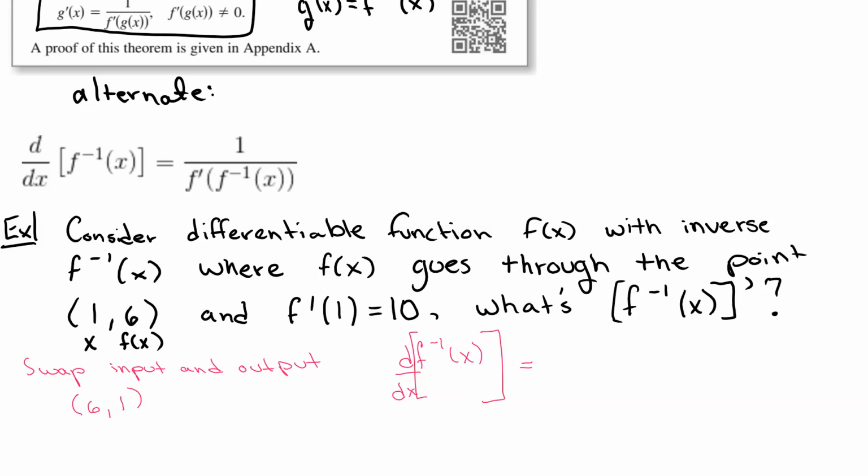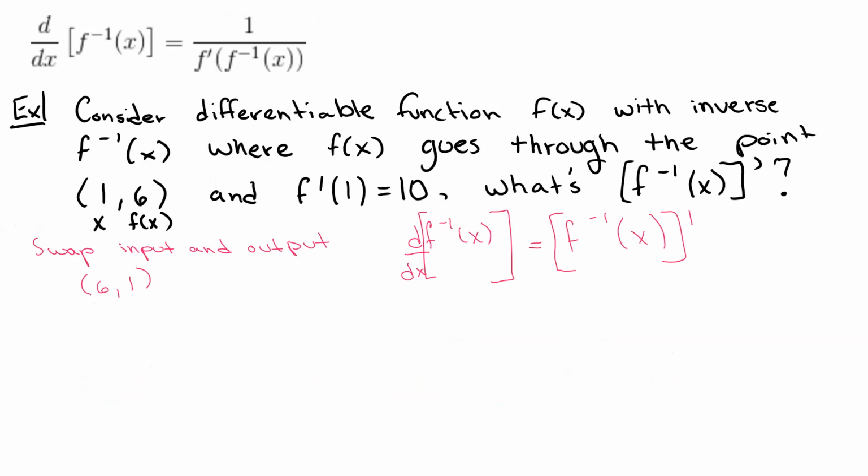And then we have to think about what point we're evaluating it at. But this is two ways we could write that derivative. We're going to be considering this when our value of the input for the inverse, I don't know why I keep saying integral, is 6.